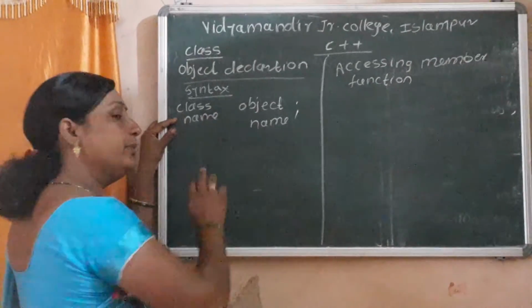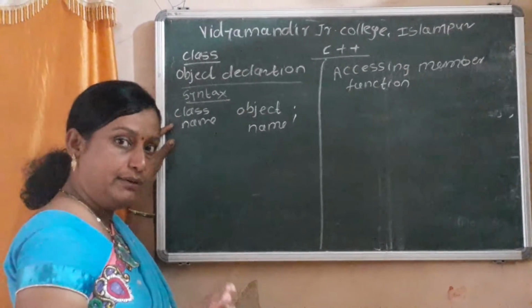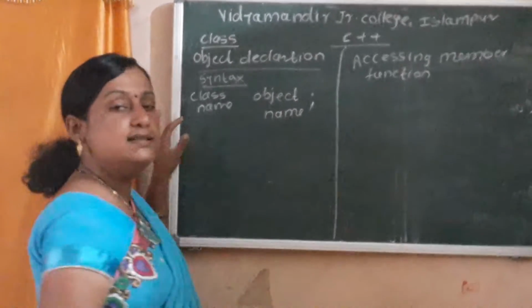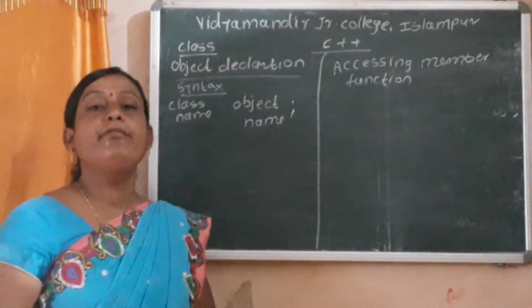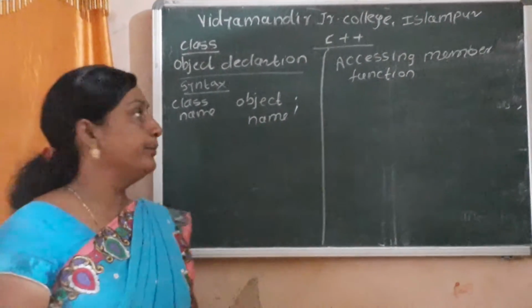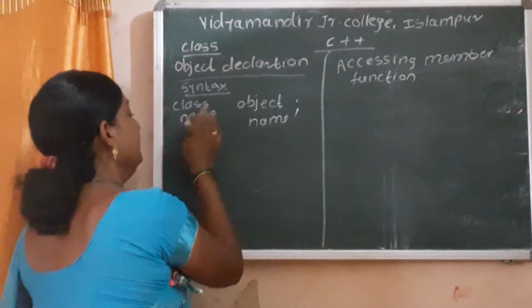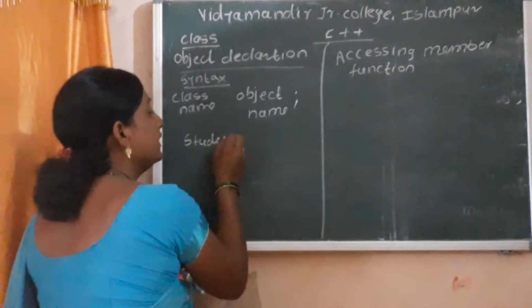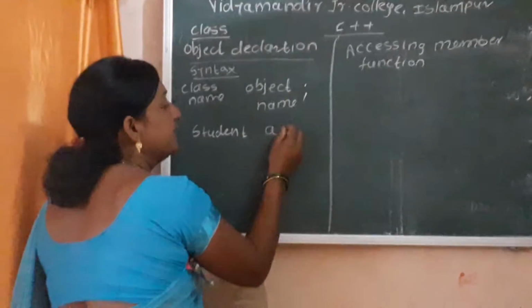Here class name is any valid name which we declared before, and object name is also any valid variable name which is not declared. Object is any valid variable name. For example, if we declare the class student and the object name is a.